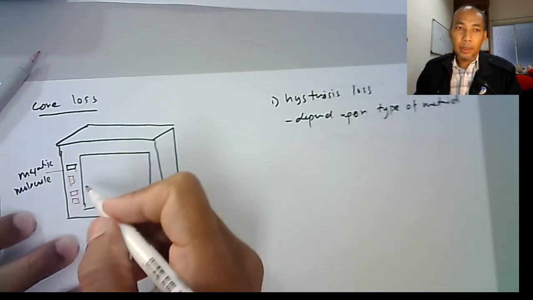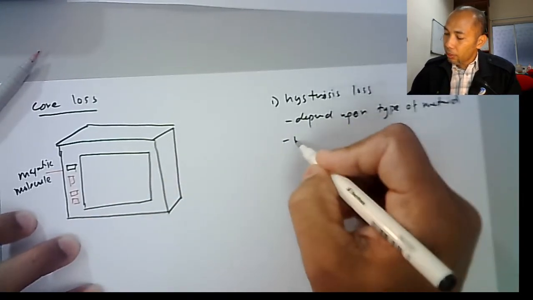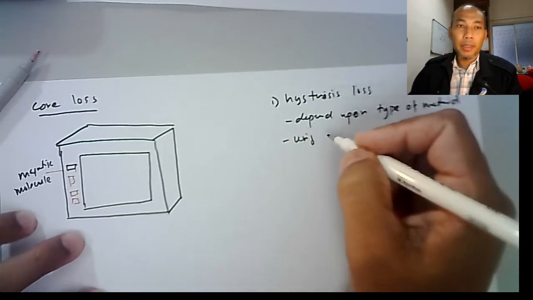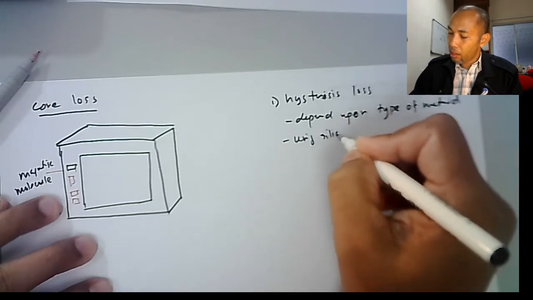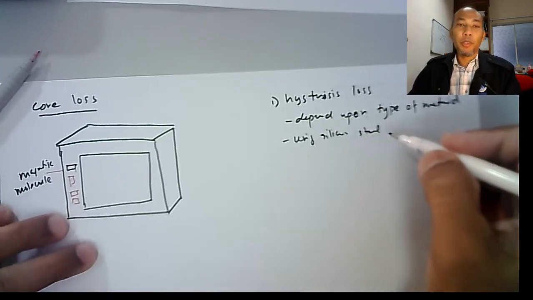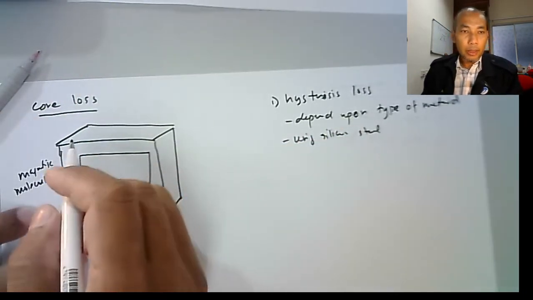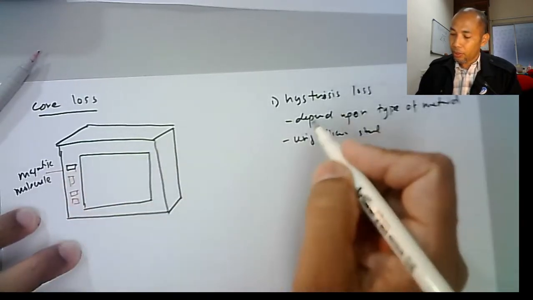We can minimize it by using a good magnetic material, for example, silicon steel. By using silicon steel, the magnetizing and demagnetizing losses can be reduced. This is hysteresis loss.